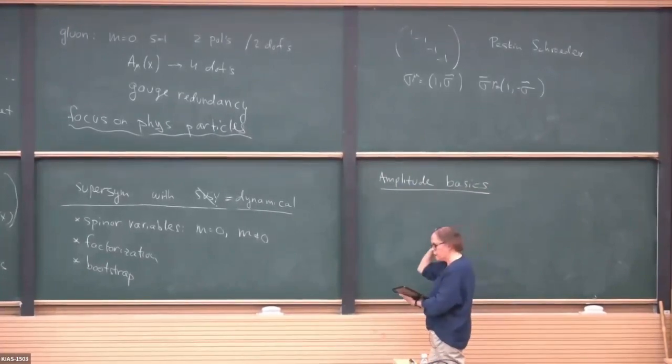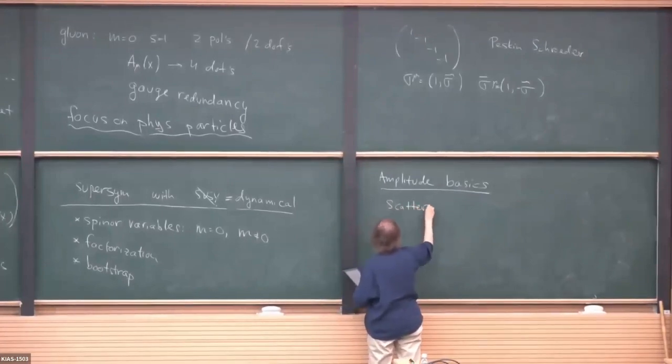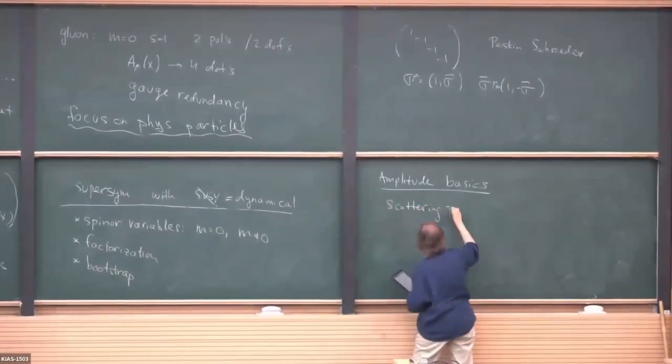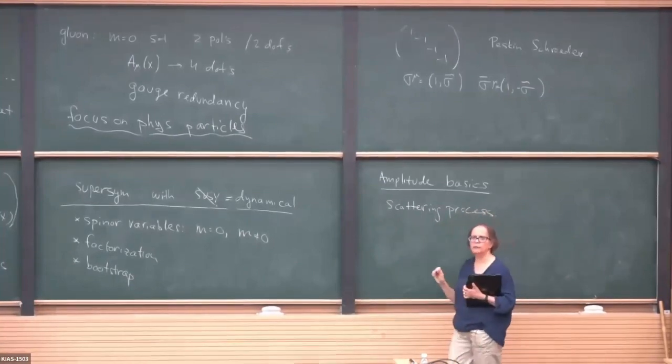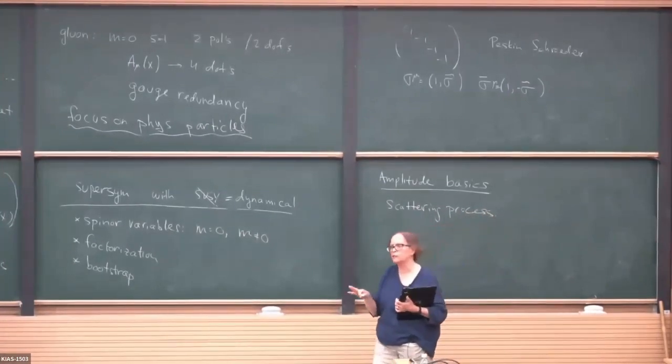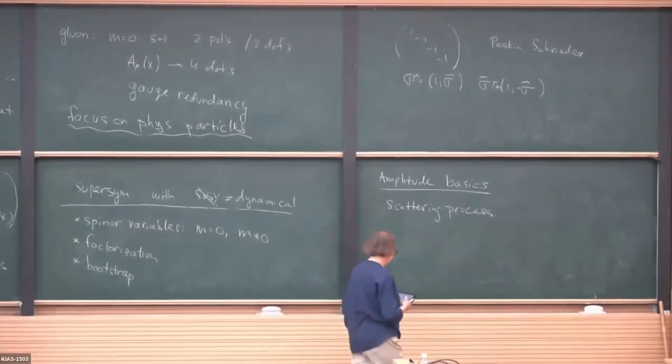Suppose we have a scattering process. If you think about it, almost any physical observable that you're familiar with is related to some scattering process, either a scattering amplitude or a decay or transition amplitude, which is a special case of that.